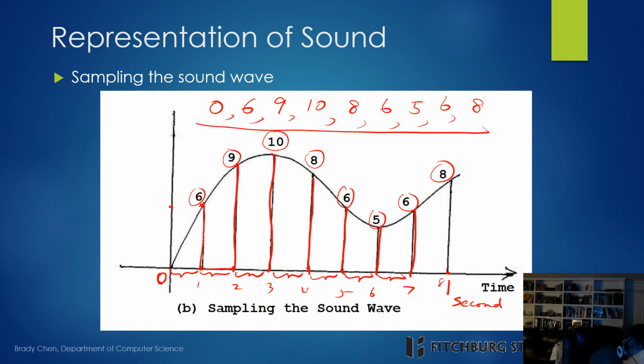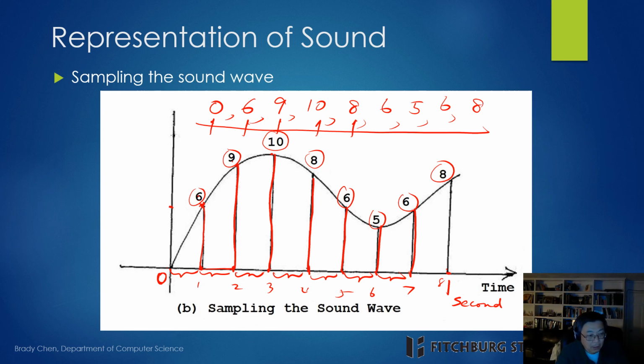That's the sequence of amplitudes recorded within a second, and we can continue to do this. So basically, the analog sound wave is converted into a sequence of numbers. Each of these numbers, now represented as a decimal, we can convert into a binary sequence.